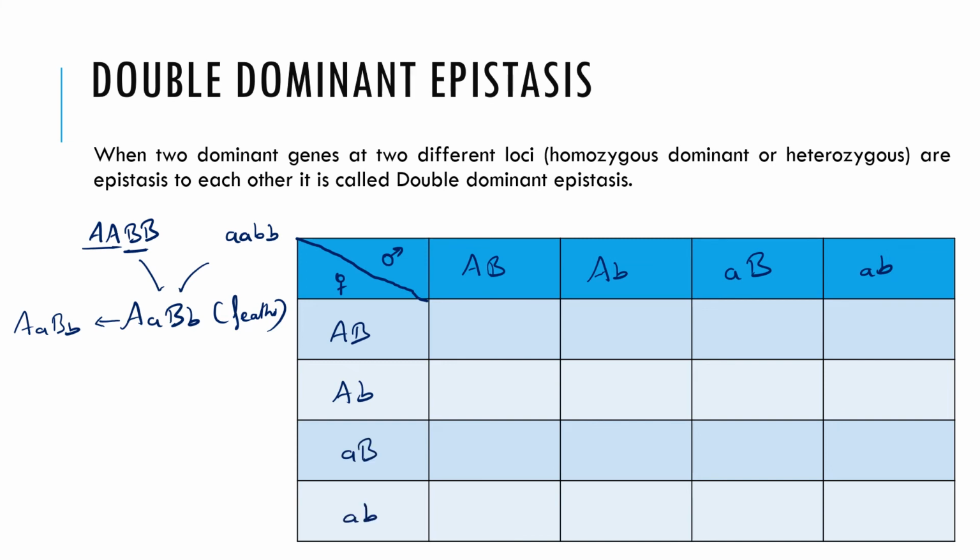So genotypic ratio remains same all over here, but the phenotypic ratio varies a lot. So capital A, capital B, capital A, capital B, small b, capital A, small a, capital B, capital B, capital A, small a, capital B, small b.